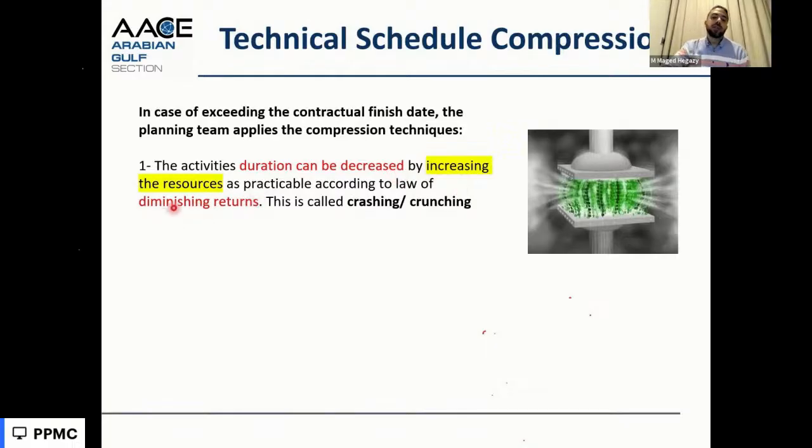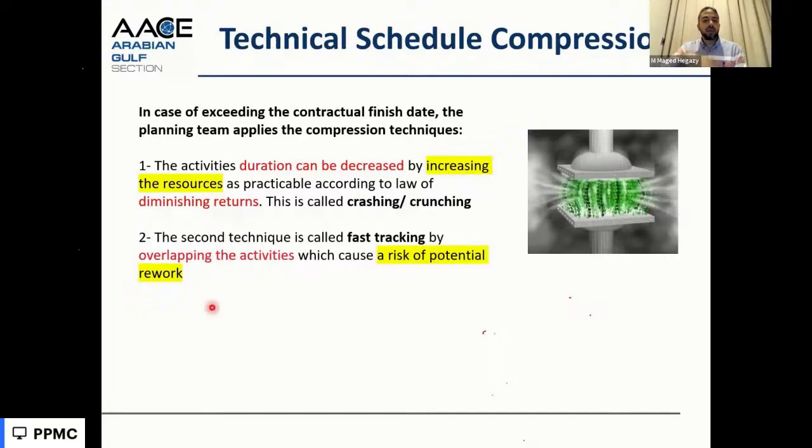So up to a limit, we see how effective it is to increase the resources and compress the duration. And this is called crashing. The other approach in the program is fast tracking, overlapping the activities, but it may cause risk of rework.